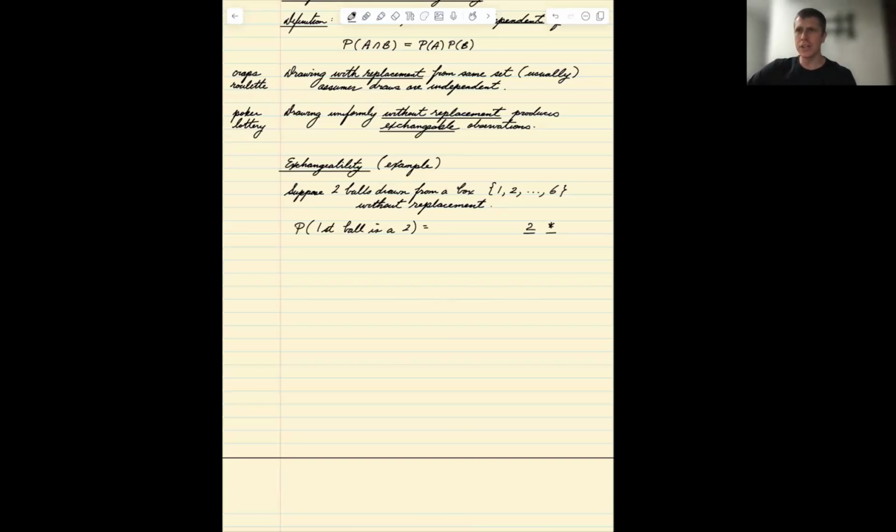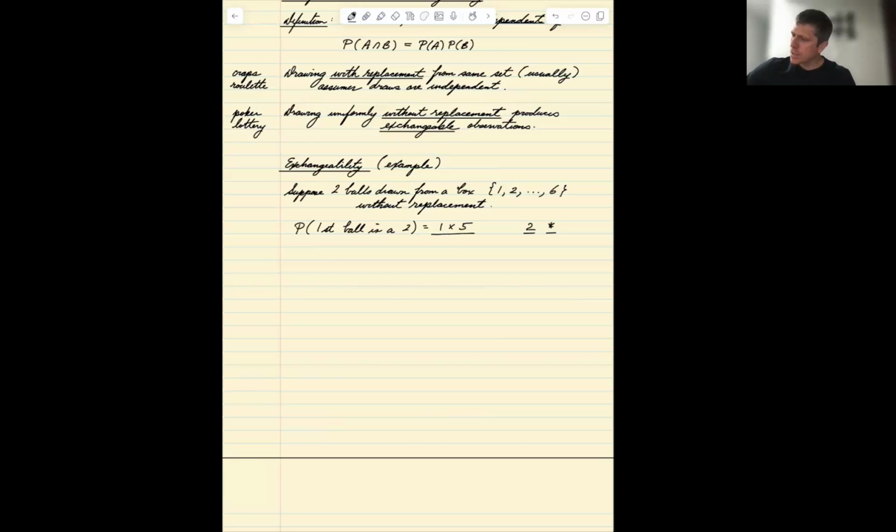We know the multiplication rule. How many possibilities are there for the first ball? 1, because it has to be a 2. And once we observe the first ball being a 2, how many possibilities are there for the second ball? 5.